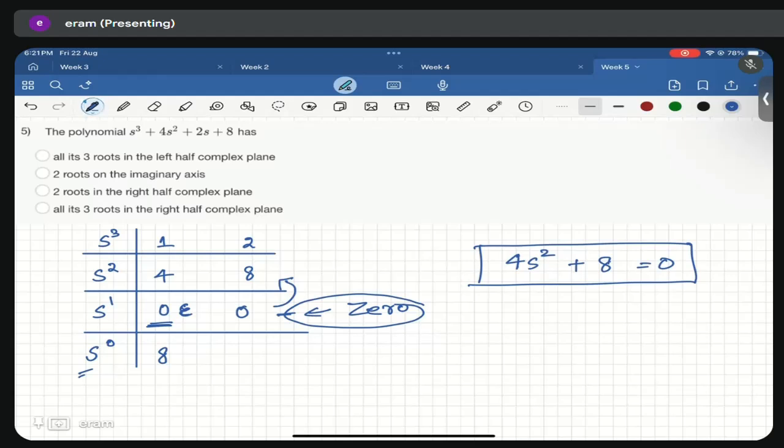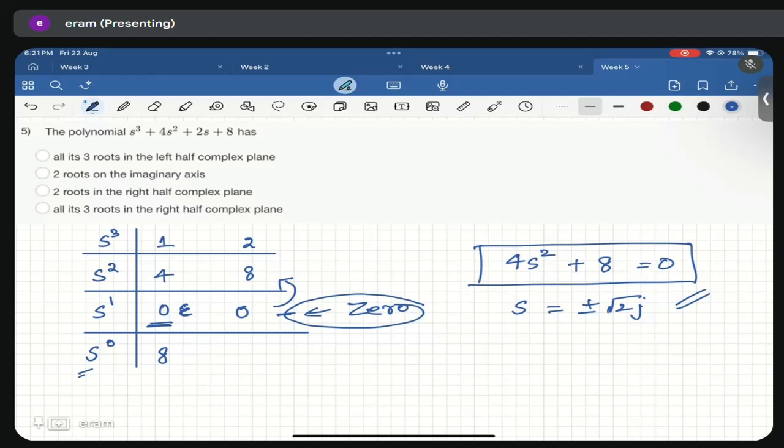So from here s will be equal to plus minus root 2j, right? So here two poles are lying on the imaginary axis.